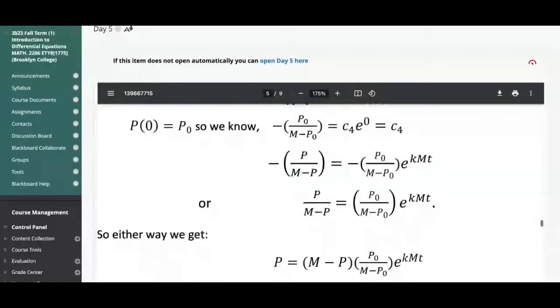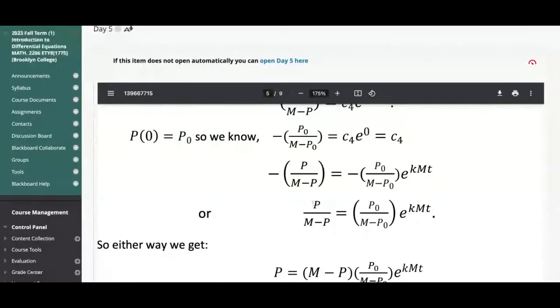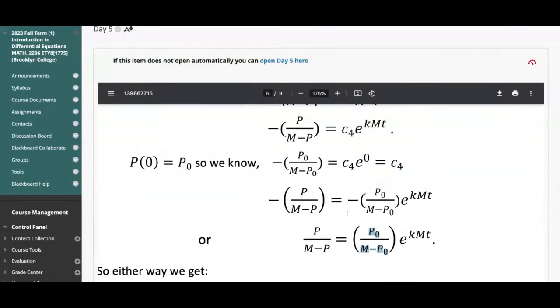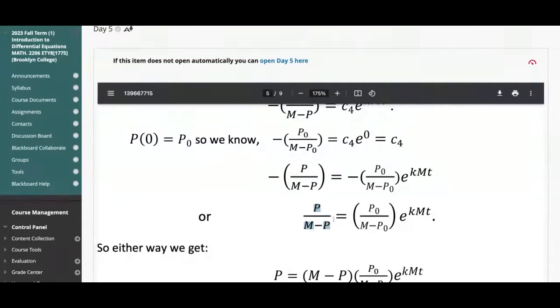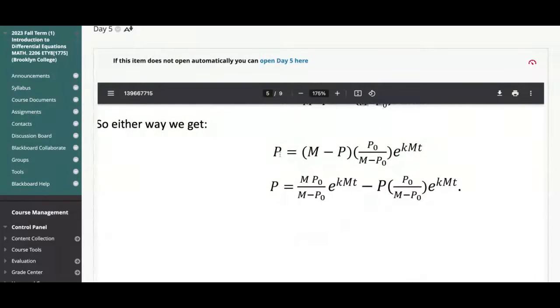Then what do we get? In the end, we get the same thing, because both sides will have a negative sign. So either way, we get a solution like this.